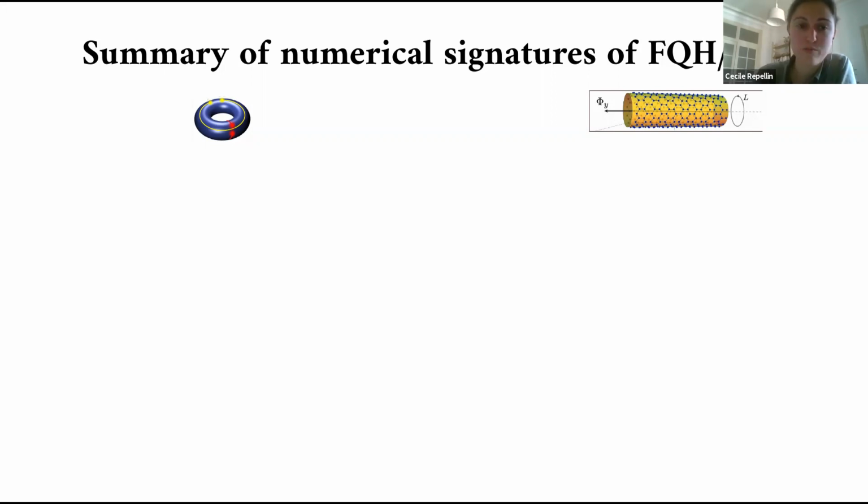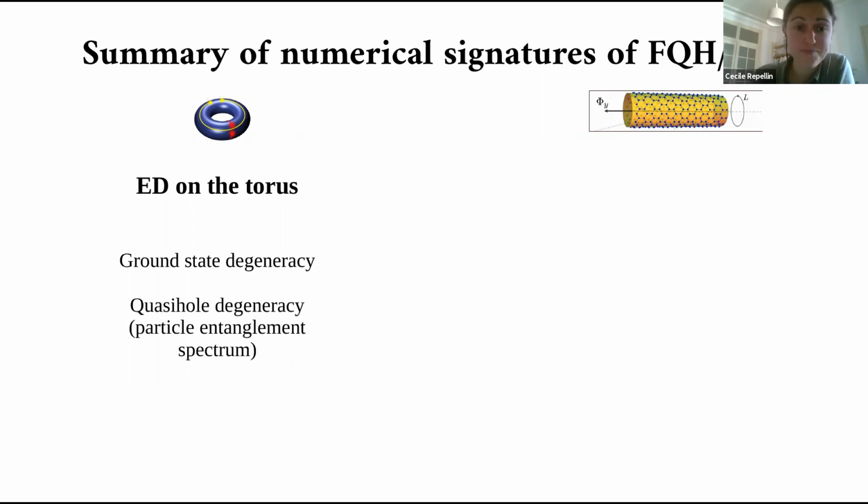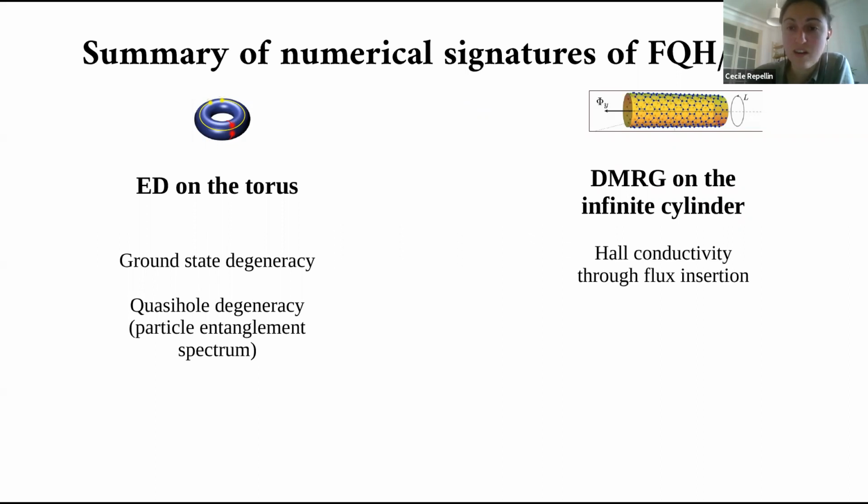Some of them were on the torus based on exact diagonalization. The main signatures of topological order there are constant degeneracy and quasi-Hall degeneracy, which can be extracted either from the energy spectrum or from the particle entanglement spectrum. And then we also saw some signatures of topological order for DMRG on the infinite cylinder, which were Hall conductivity from flux insertion, as well as the edge spectrum from the entanglement spectrum.